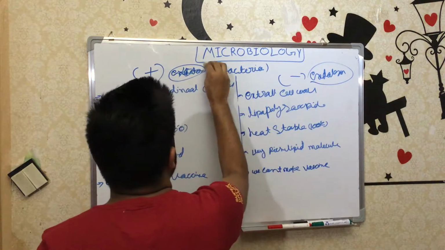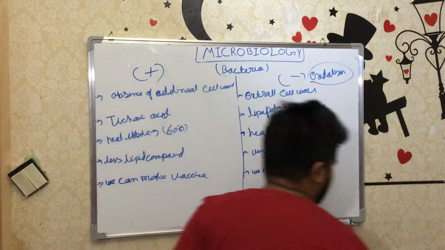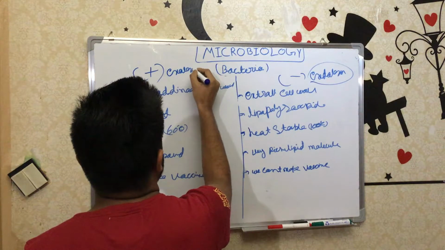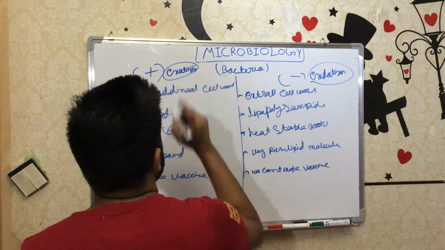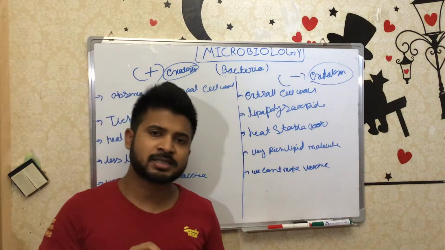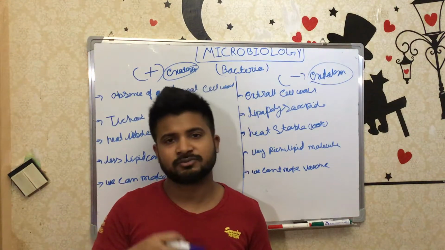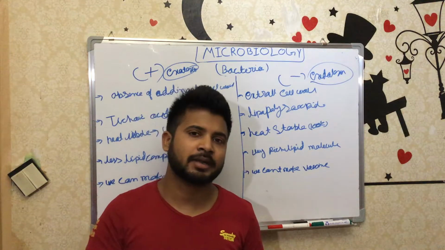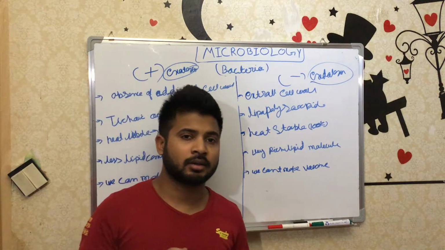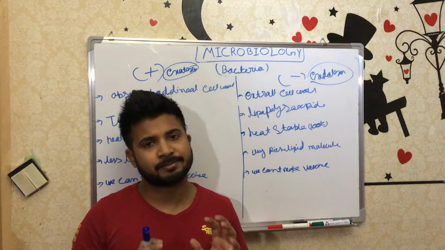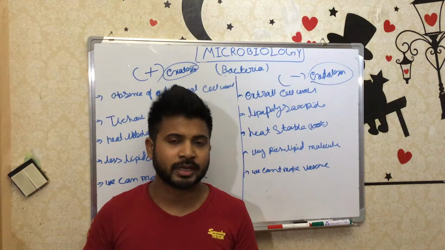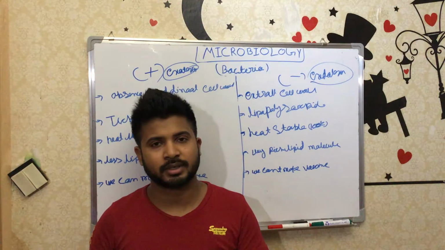These are the main differences in both conditions. But just one thing you have to remember: exotoxin can be synthesized or released by gram positive or gram negative bacteria. But endotoxin always, if the endotoxin is there, it means absolutely it's a gram negative bacteria, not any gram positive bacteria. But in the exotoxin case, it can be gram positive or it can be gram negative.